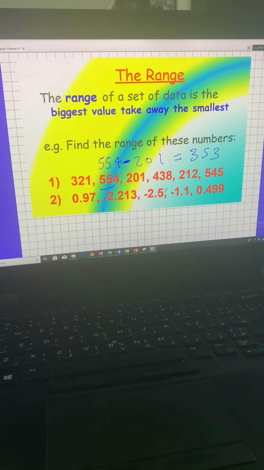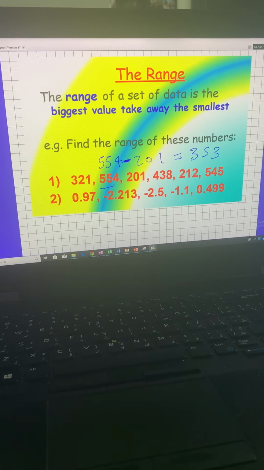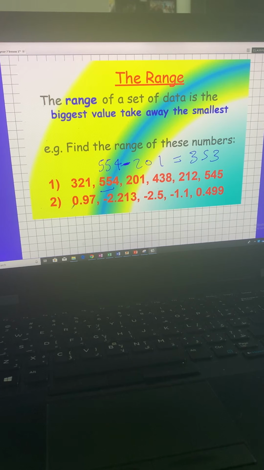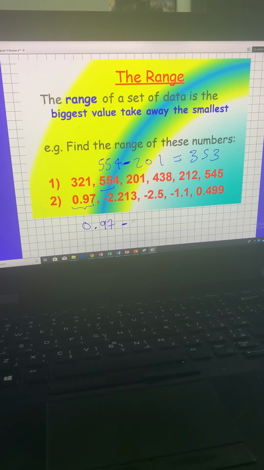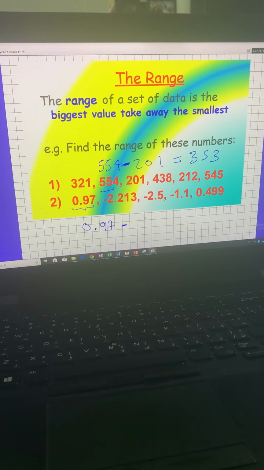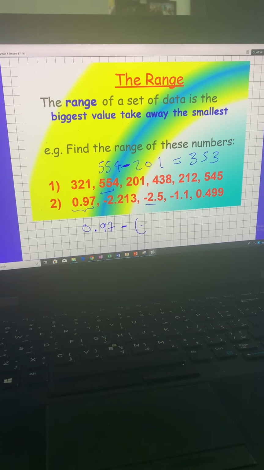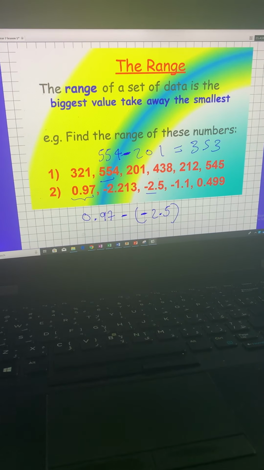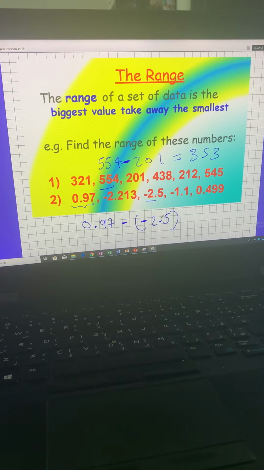Let's have a look at question number 2. So the largest number is 0.97 because it's the biggest positive number. Take away the smallest number, which is this one, minus 2.5. And I've put it in brackets because it's a negative number. Most of you would have just done 0.97 minus 2.5.